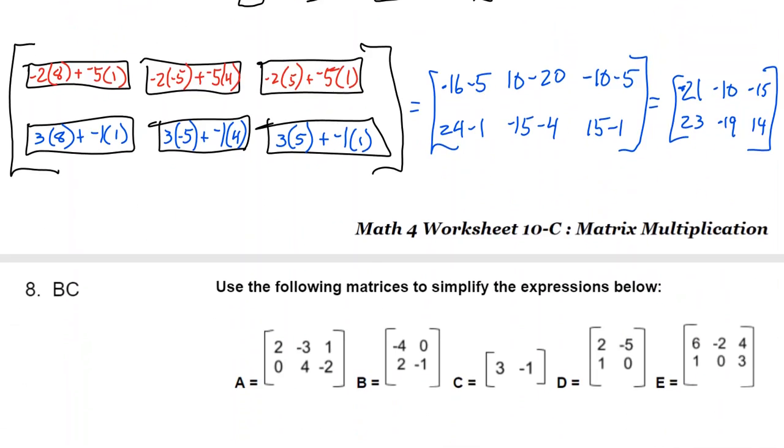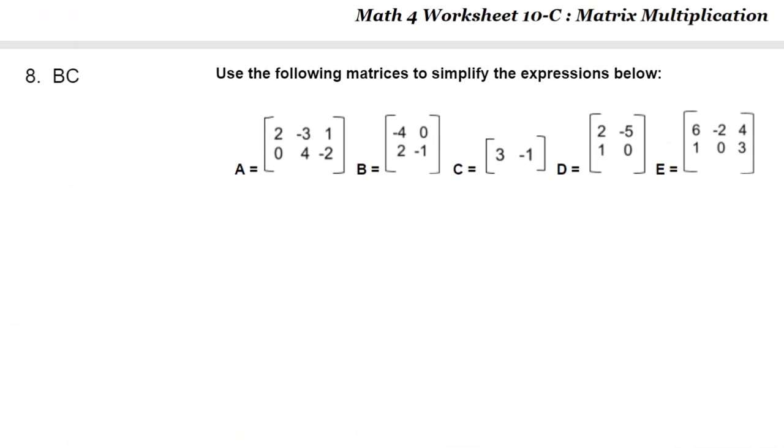Okay. B times C. B is a 2 by 2. C is a 1 column by 2, or 1 row by 2 columns. And because these two do not match, it is undefined. We can't do it.